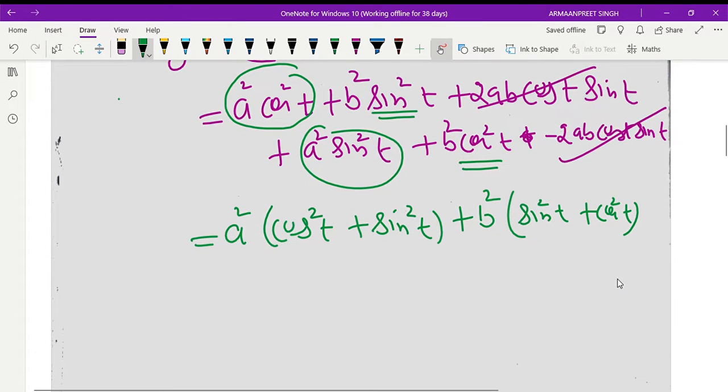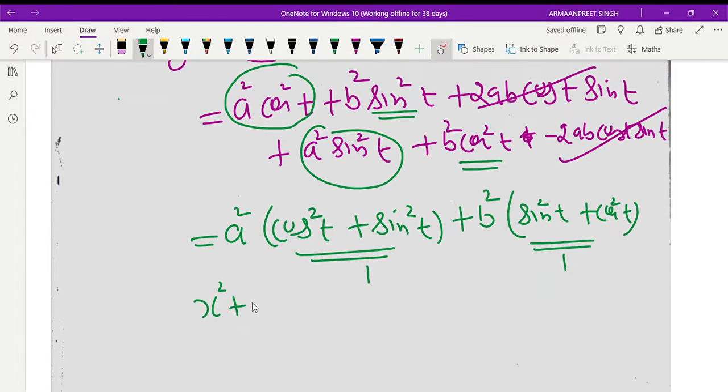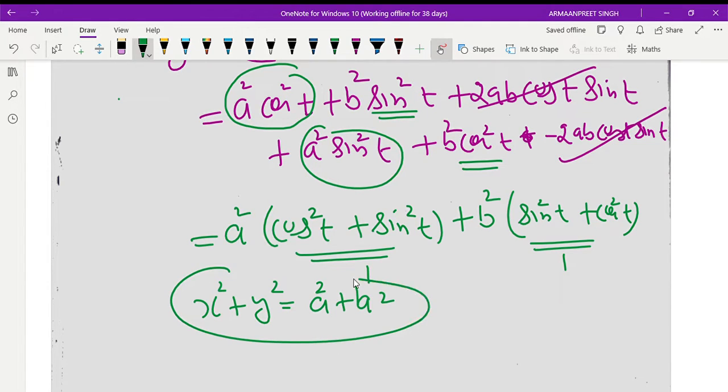Now this is 1 and this is also 1, and the whole equation reduces to x square plus y square equal to a square plus b square. So this is the equation which is clearly an implicit function.